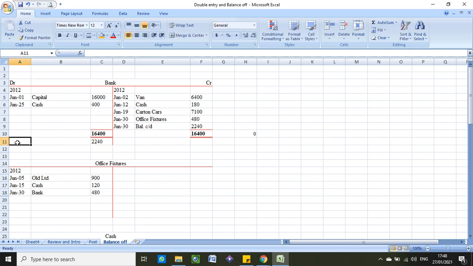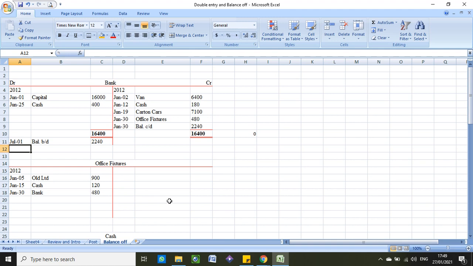The date will be first day of the following month, July 1st, and I will label this balance brought down. The balance carried down and balance brought down will always be on opposite sides, and the dates can be repeated in real life. It will be repeated, so don't worry about duplicating or repeating the dates.